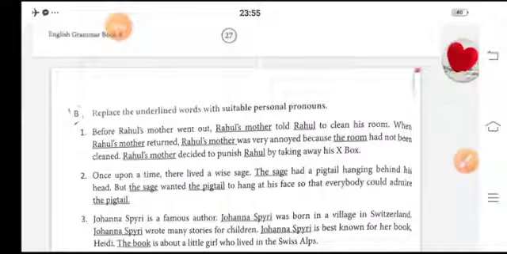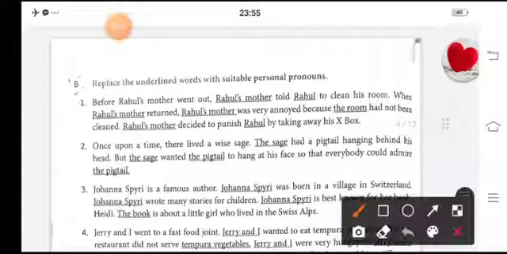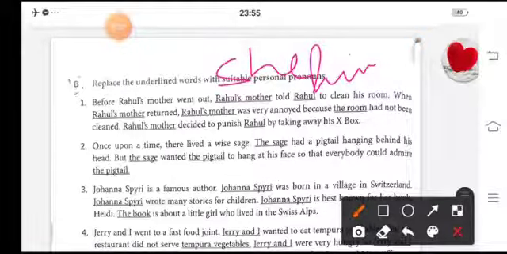Now replace the underlined words with the suitable personal pronoun. That's Rahul's mother, she. Rahul, him. Then, before Rahul's mother went out, she told him to clean his room.